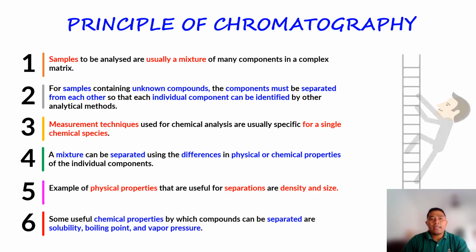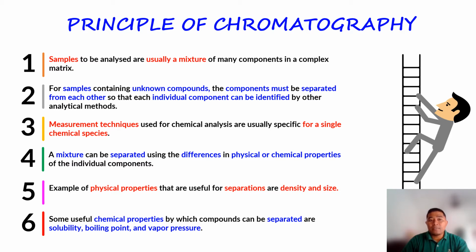Samples to be analyzed are usually a mixture of many components in a complex matrix. For a sample containing unknown compounds, the components must be separated from each other so that each individual component can be identified by other analytical methods. The third one, measurement techniques used for chemical analysis are usually specific for a single chemical species.